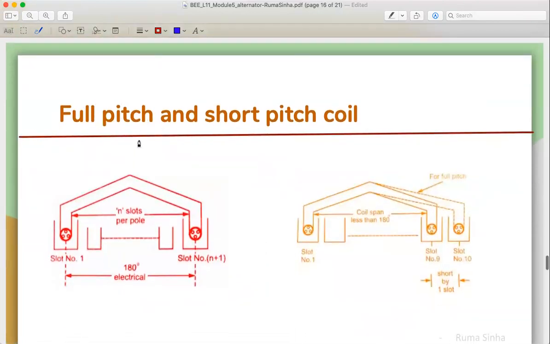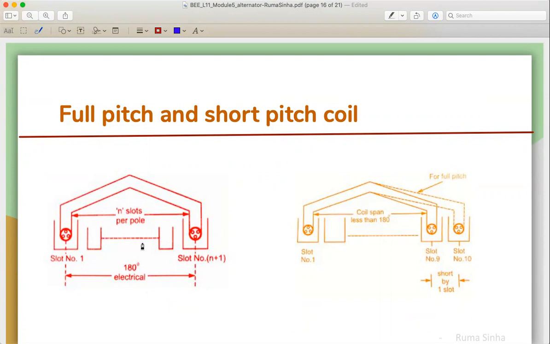That's what we call pitch. So if whatever conductors you are placing in one slot are connected to another slot's conductors, and the distance between this slot and this slot is 180 electrical degree, we call that a full pitch coil. So this is a full pitch coil.